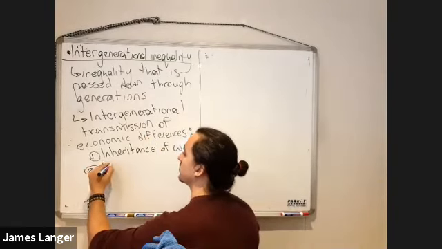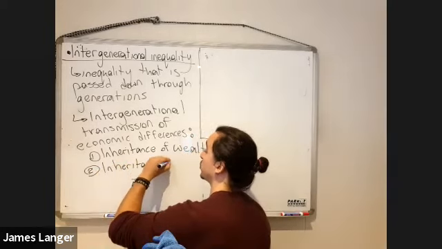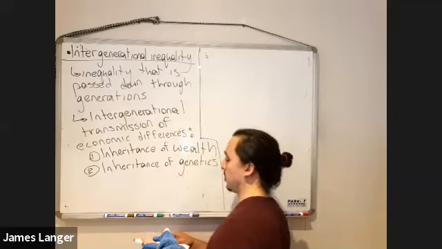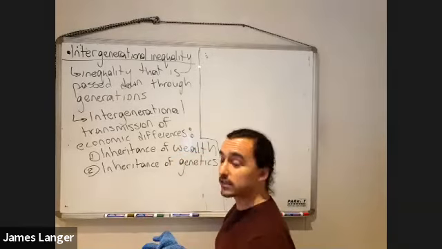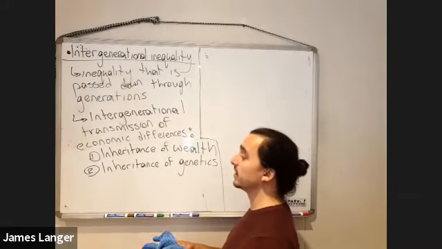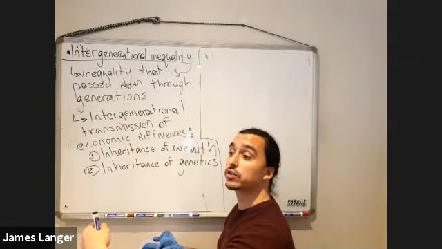The second one is inheritance of genetics, which might be considered somewhat controversial. And this is not saying that it's necessarily justified, but there will be some sort of genetics passed down from one generation to the other.